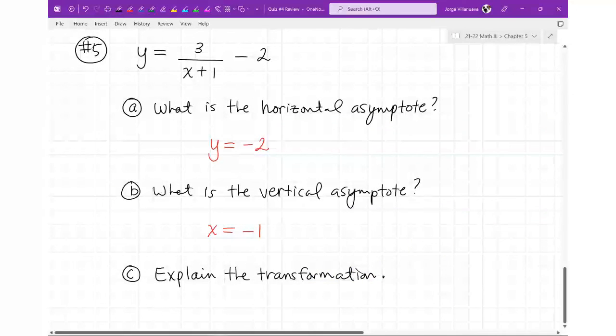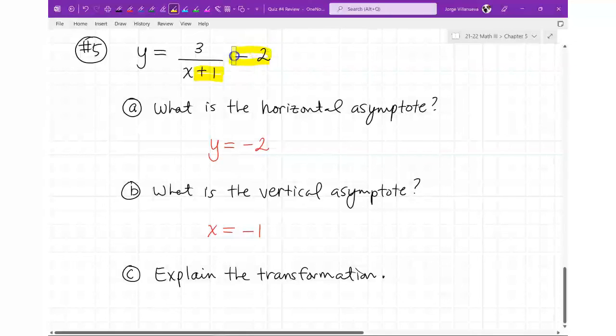So the x plus 1 on the bottom and the -2 at the end tell you that it's moving certain ways, right? So the x plus 1 tells me that it's moving one time in which direction? Up, down, left, or right? This part right here, let me highlight. That would be a left. A left once. And what about the -2?